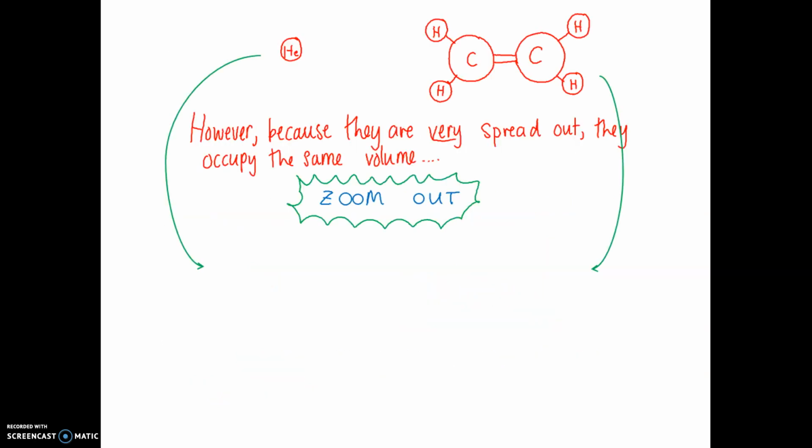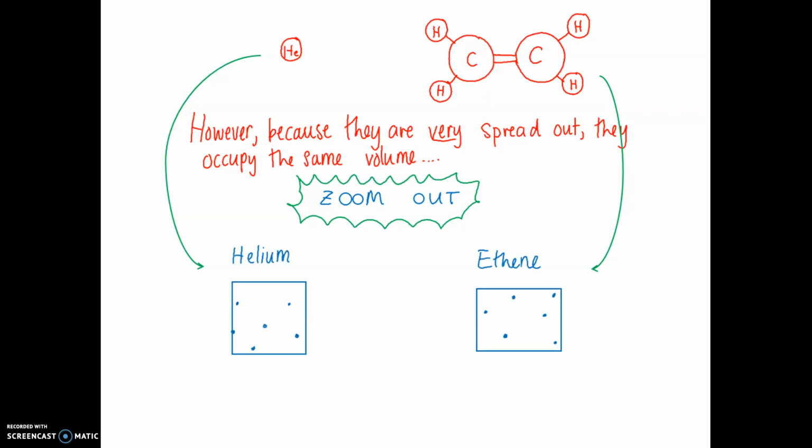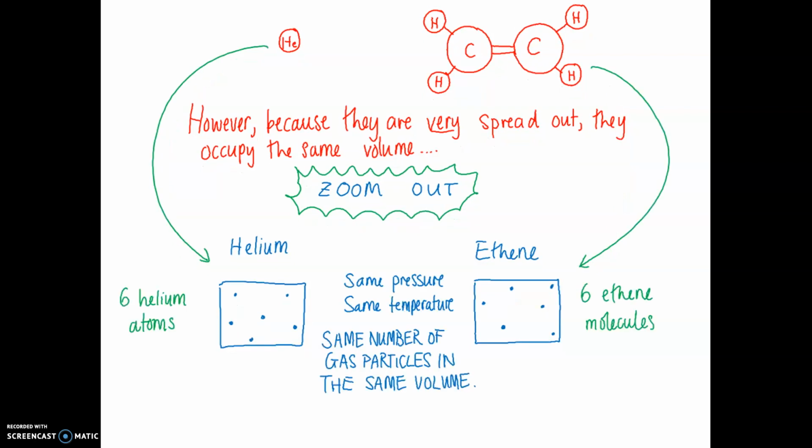So if we zoom out, looking at a sample of helium gas and ethene gas, what you will essentially see is that there are about the same number of particles in the same volume, or, well, in fact, pretty much exactly the same number of particles within the same volume.